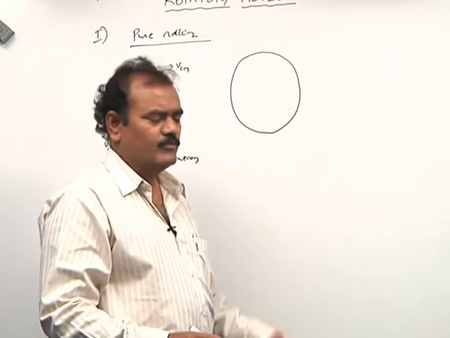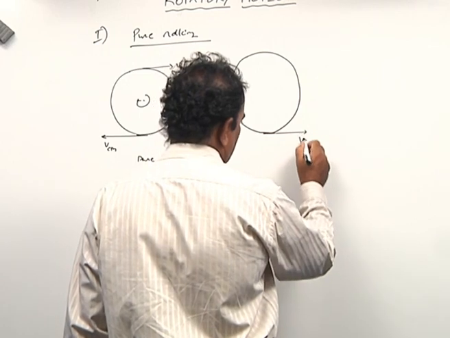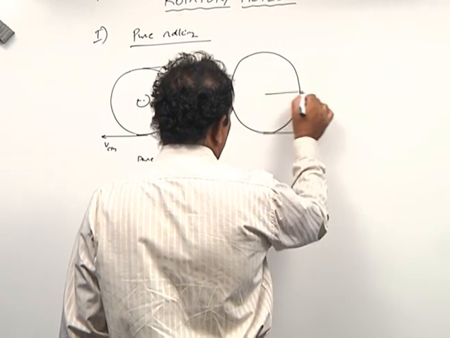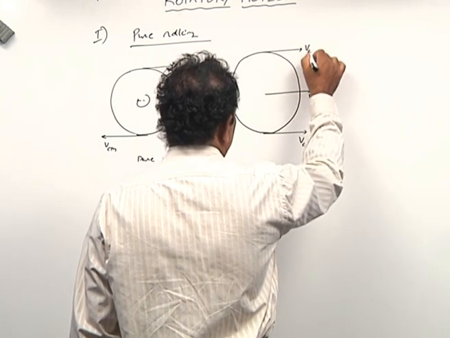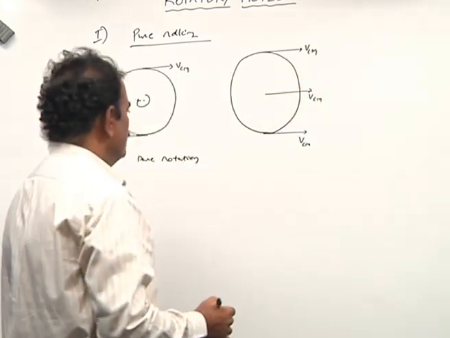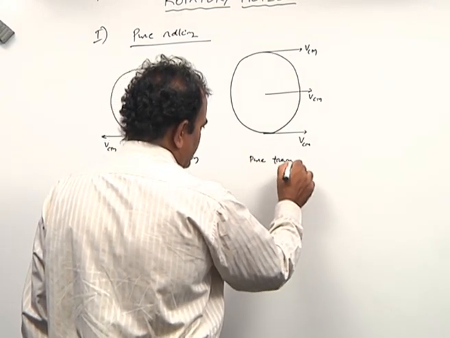It is the simplest type of motion. That is why in this case all particles have the same velocity, v center of mass. So now it is a pure translatory motion.